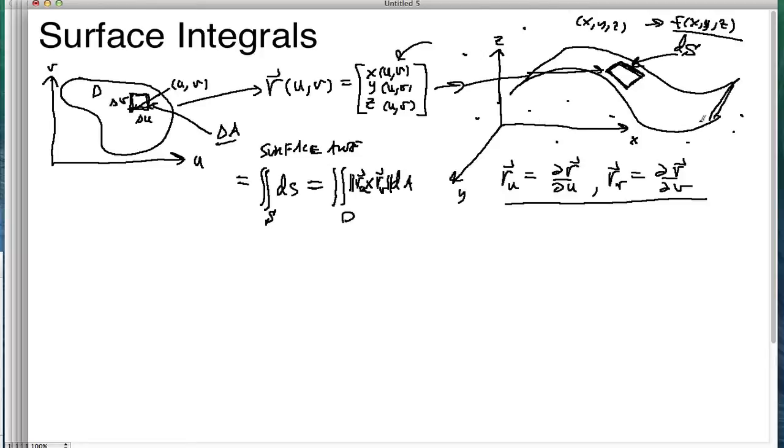But what we're really interested in is finding this integral, so a general surface integral is just going to be the integral over a surface of a function that is embedded in 3 dimensions.